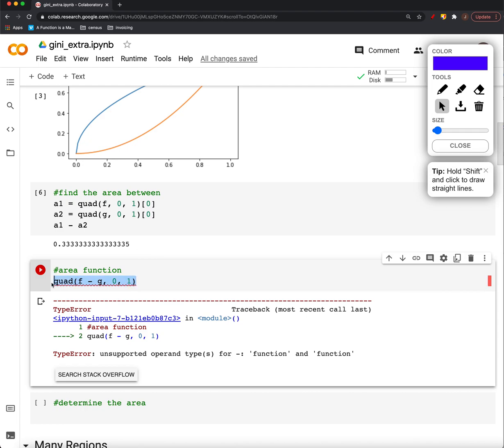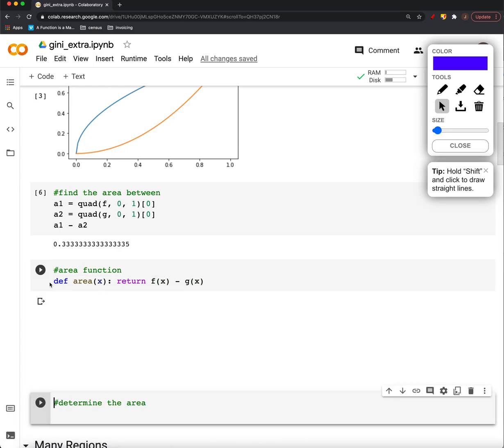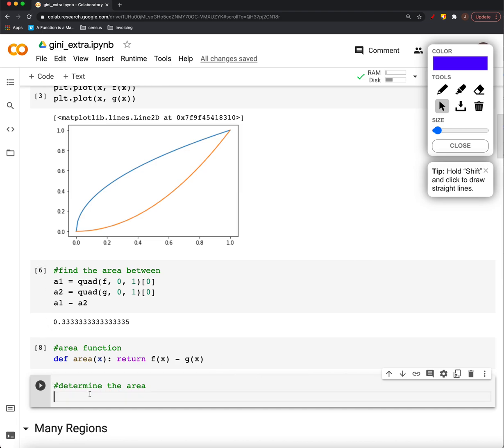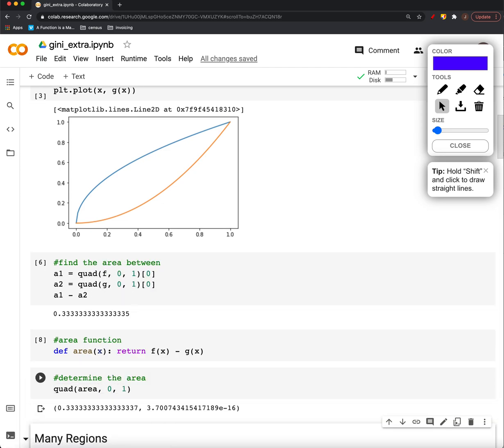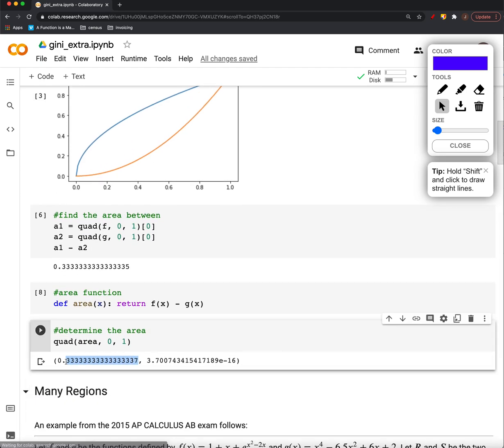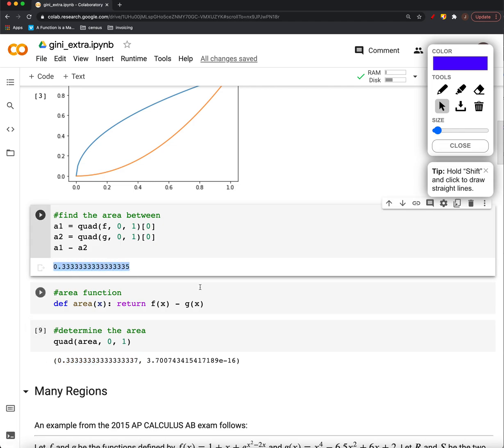So instead what we have to do is define a new function, maybe call it area, and return f of x minus g of x. Once we do that, we can pass that function. You see that we get the same result as when we found those individually.